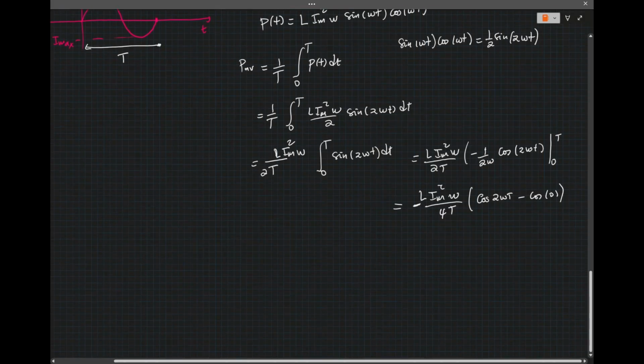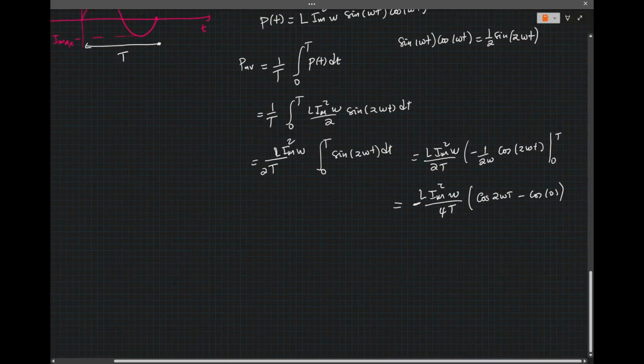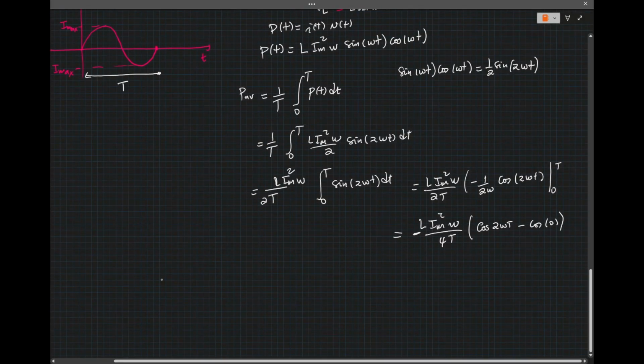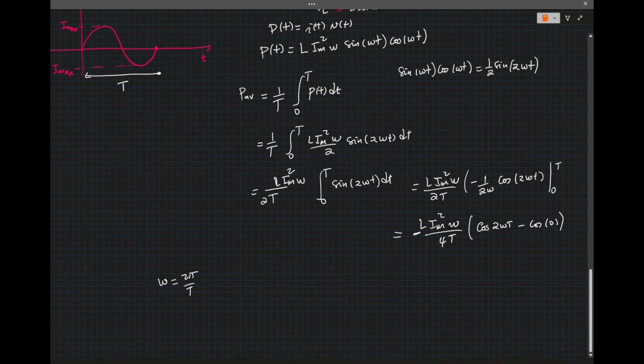We know that this function is periodic, so omega is 2 pi over T. Then 2 omega T equals 4 pi.